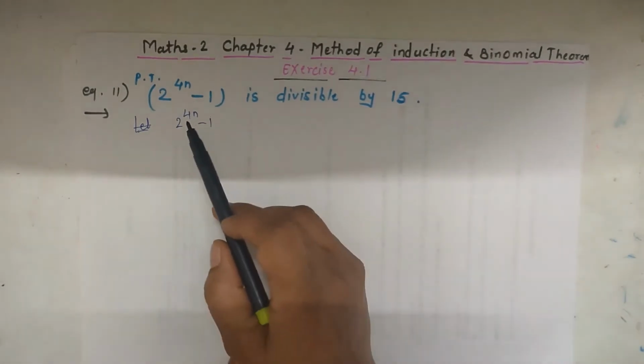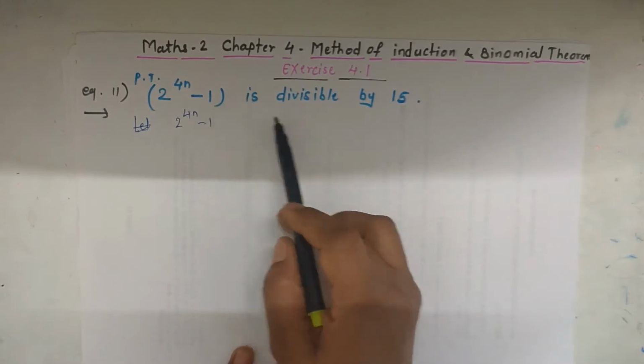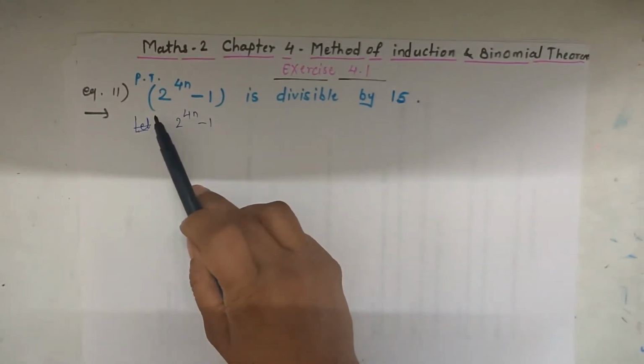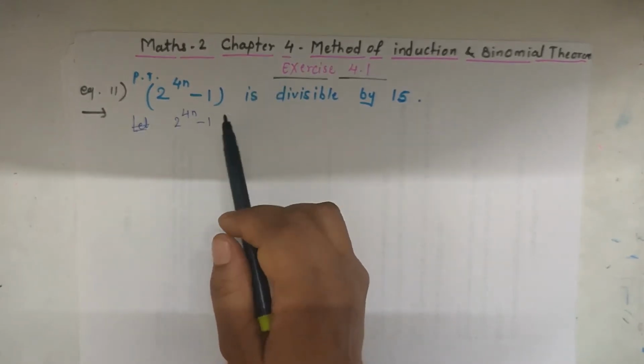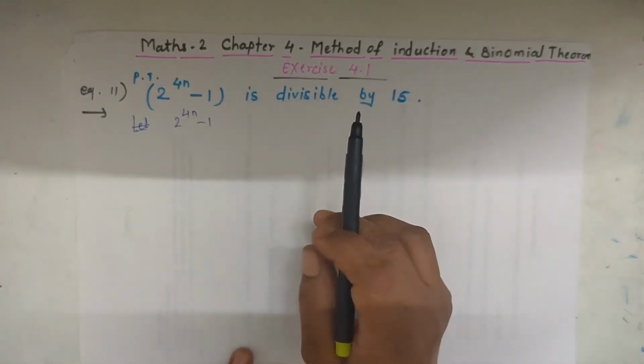Here we have to prove that 2 raised to 4n minus 1 is divisible by 15. Here the statement P of n is equal to 2 raised to 4n minus 1, and we prove that this statement is divisible by 15.